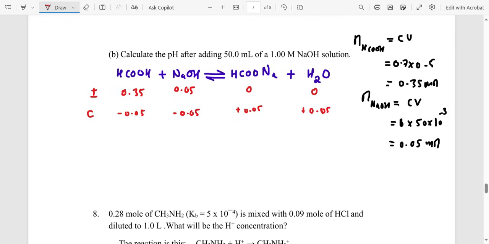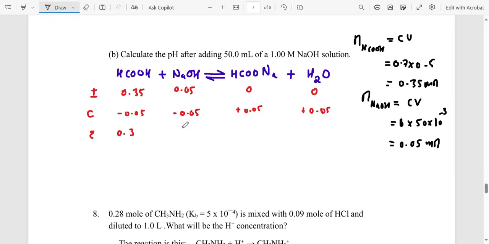So if we subtract now, at equilibrium what we're going to see is 0.35 minus 0.05, and that is going to be 0.3.